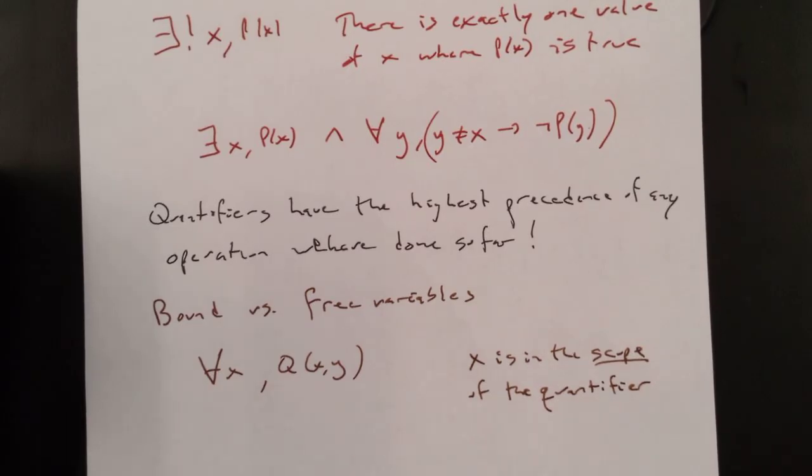On the other hand, this doesn't tell me squat about y, right? Y could be anything. It might be something fixed. Maybe I'm going to talk about people. My domain is people. Q of xy means x likes y.